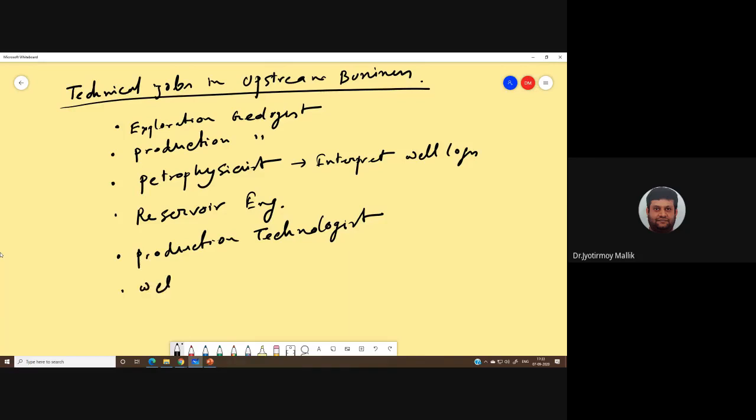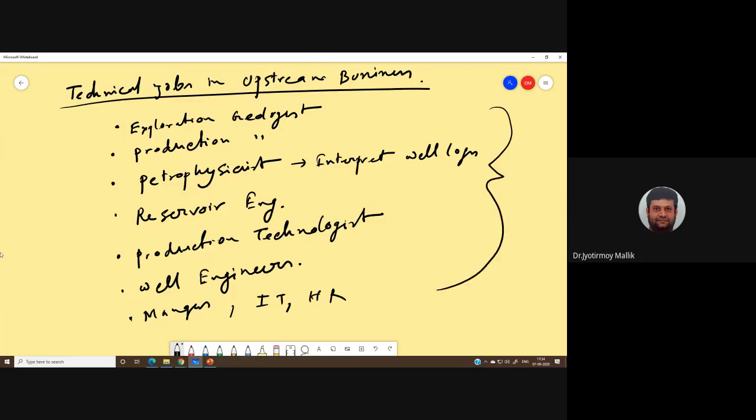Then you have well engineers, and then of course you have different types of managers, IT, HR. They're not technical jobs, but they're there. So these are different types of jobs that you can have as a geologist in the oil and gas industry.